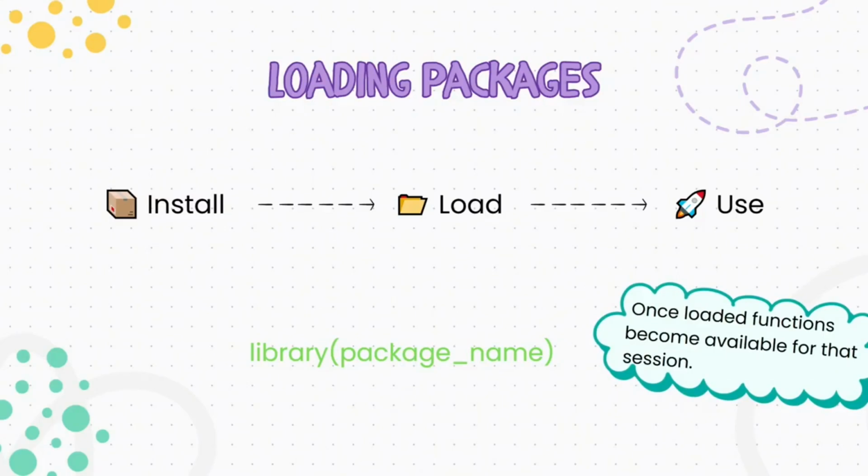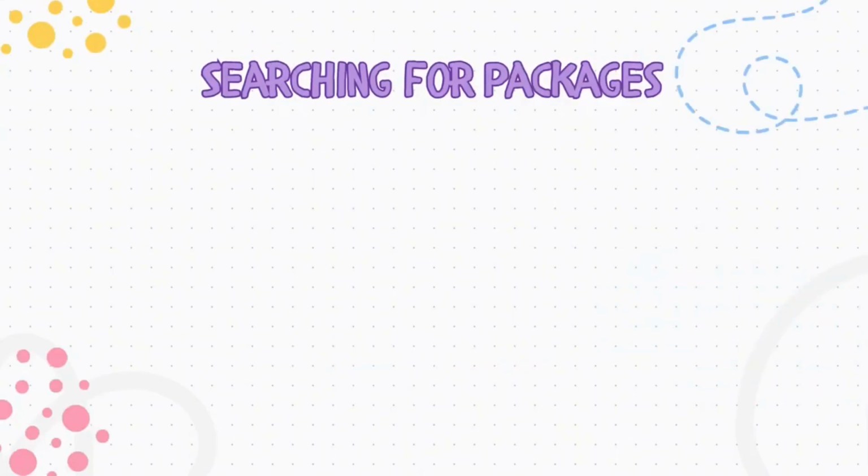Now, you know how to install packages and you know how to load and use packages as well. But what about searching for the right packages? R has thousands of packages and new ones are added all the time. Knowing how to search for packages is an important skill. We can search for R packages and functions directly inside R, or explore them online using the CRAN website.